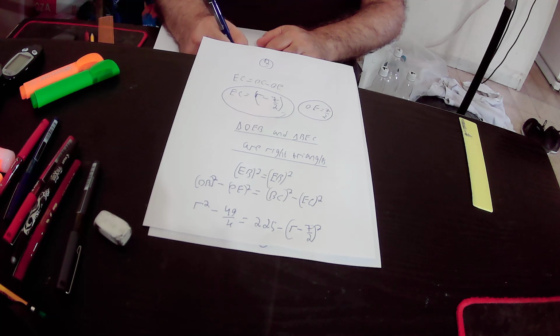So R square minus 49 over 4 equals 225 minus R minus 7 over 2 square.